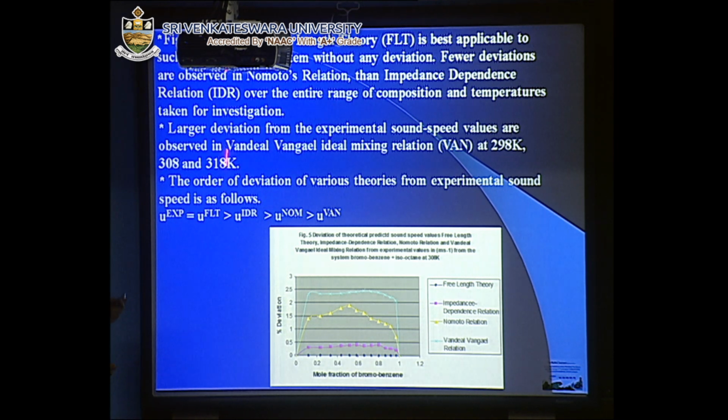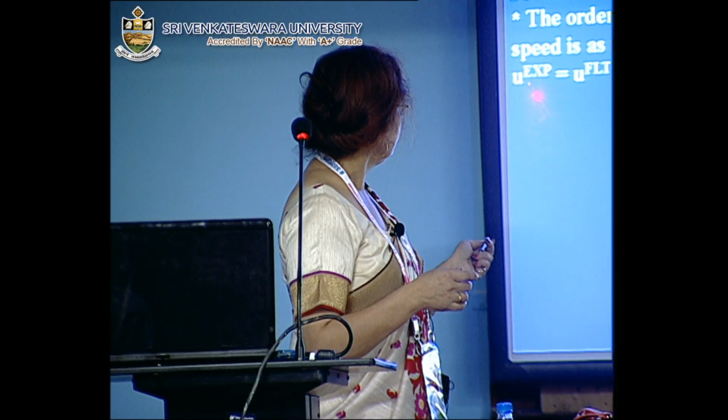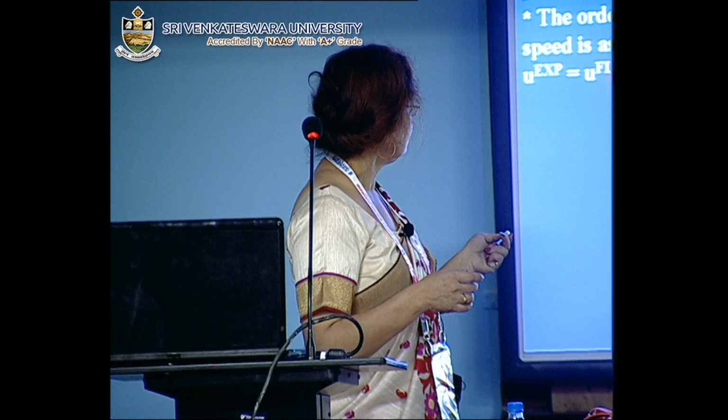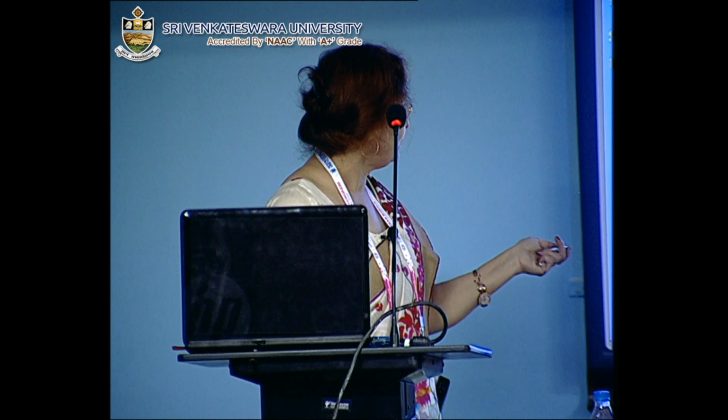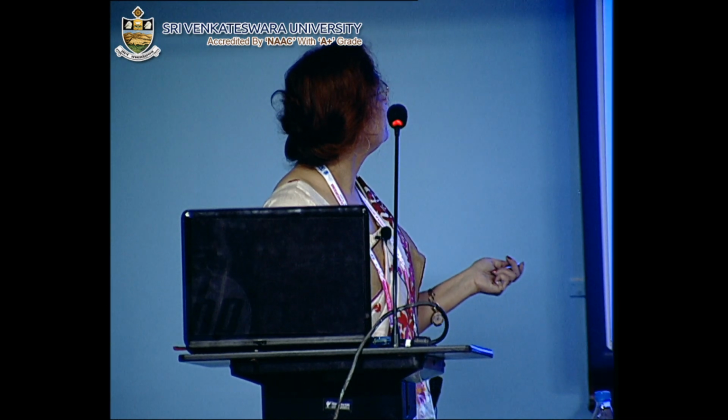Out of the 4 or 5 most popular empirical theories in this system, experimental values coincide more with the free length theory. That means they agree with the concepts of the free length theory, then with the impedance dependence relation theory, then with Nomoto, and then Van Deal-Vangeel, in which we found the highest deviation.